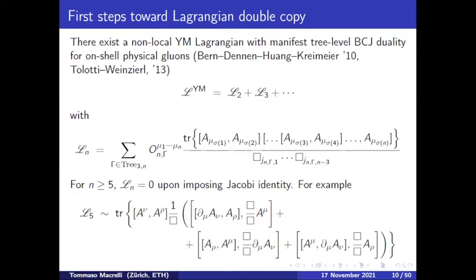Well, this construction was performed in Tolotti and Weinzel paper. The idea is the following. We are adding to the Yang-Mills Lagrangian a contribution that is actually zero. For example, if you look at this quintic term, when you enforce the Jacobi identity, this is zero.